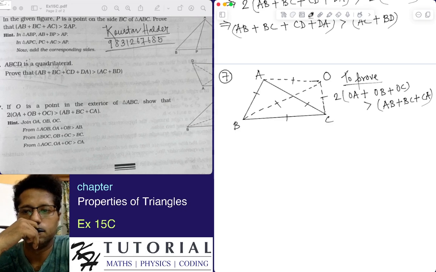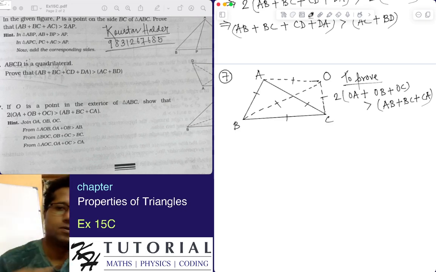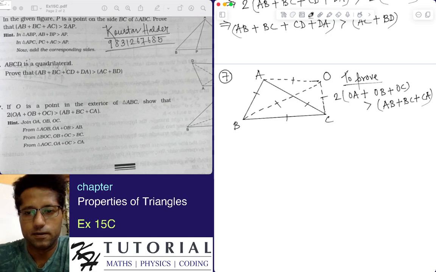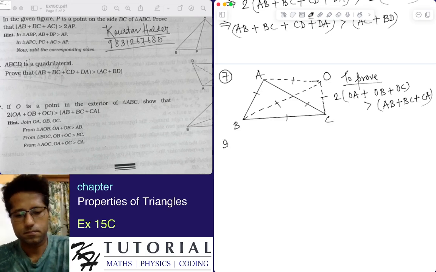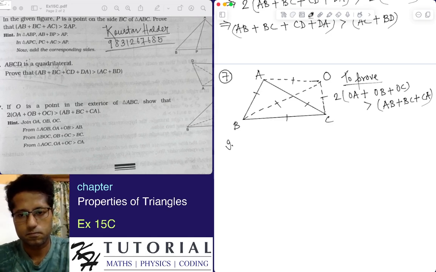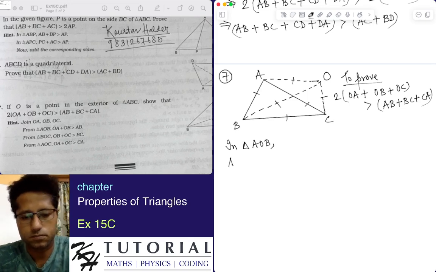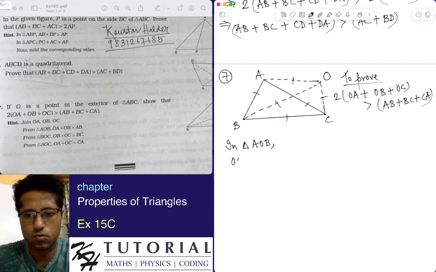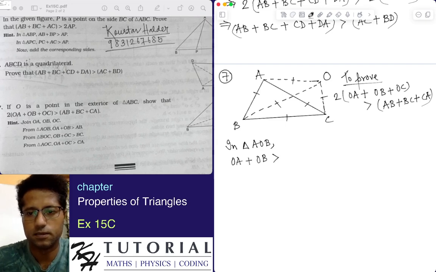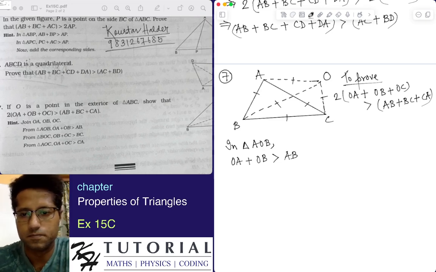Now in triangle AOB, we have OA plus OB should be greater than the third side, that is AB. Let this inequality be 1.